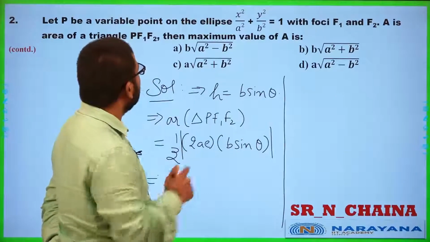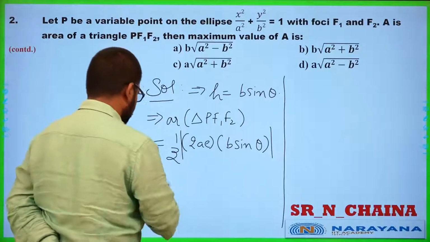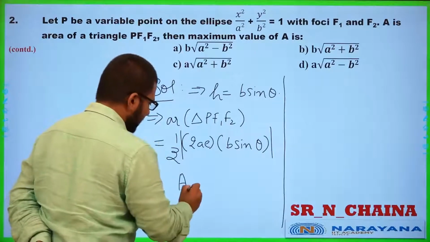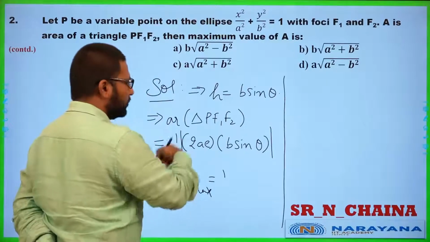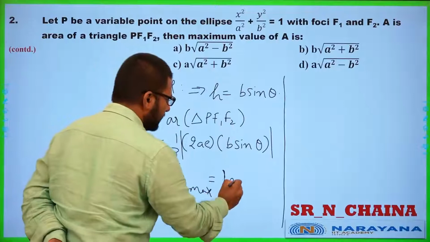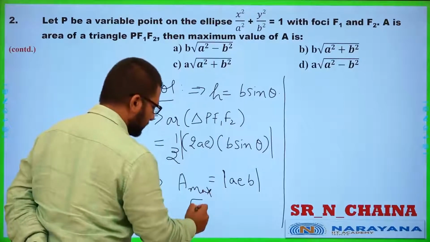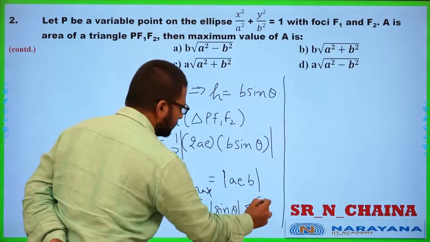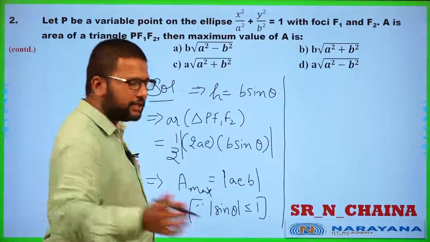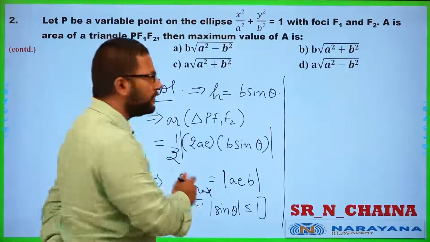Alright, so now we are asking for the maximum value of the area, right? Which means the maximum value of the area would be, the 2 and 2 will get cancelled, so mod of aeb only, correct? Because mod sin theta is less than or equal to 1. Once again we are using this. So now aeb, that is anyway positive, I can ignore the mod, right?